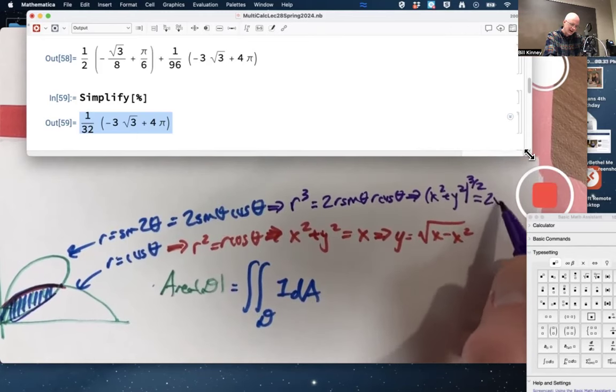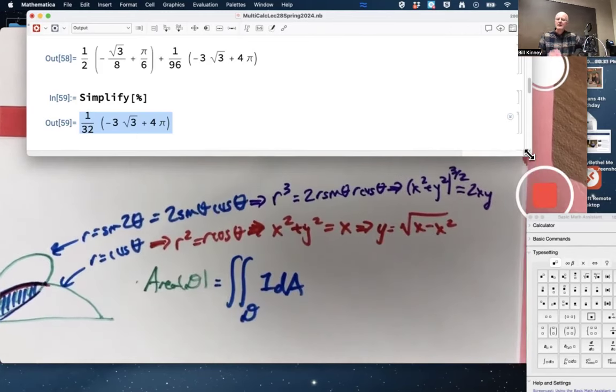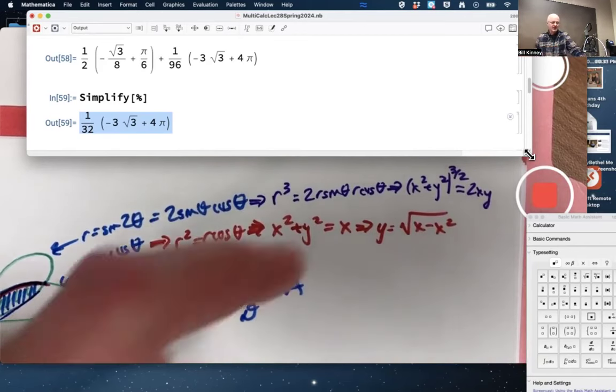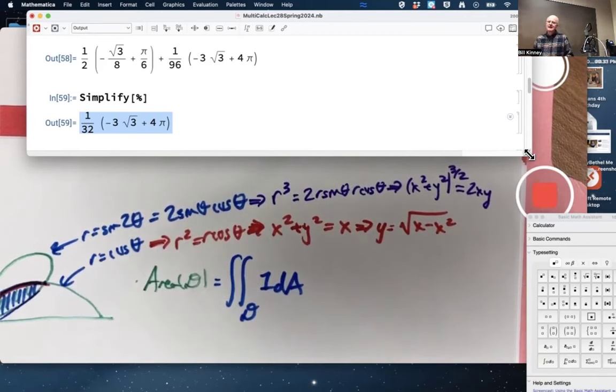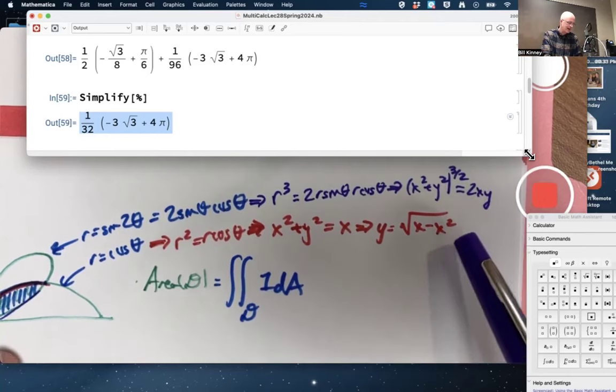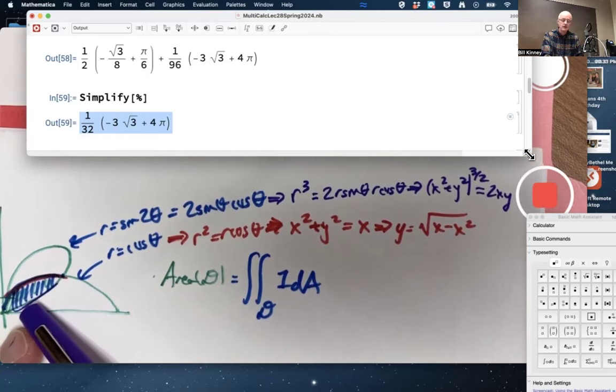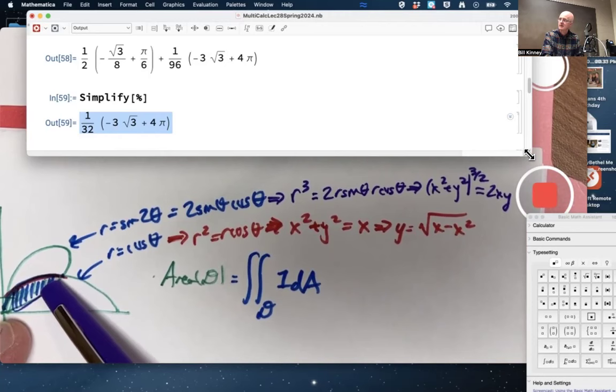Equals 2xy. I don't think I want to do that. It sounds bad. I'd want to try to solve that for y, and I don't think I want to try. If I was going to do the double integral in the ordinary way, I have to do that. That would be my lower limit of integration for the inner integral, and this would be my upper limit of integration for the inner integral in the double integral.